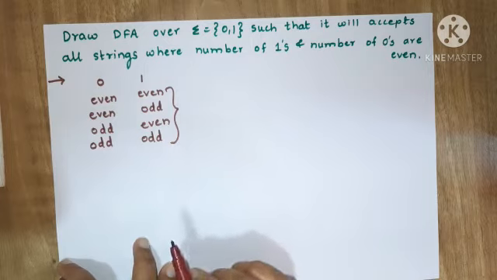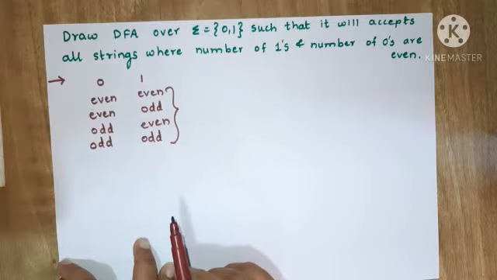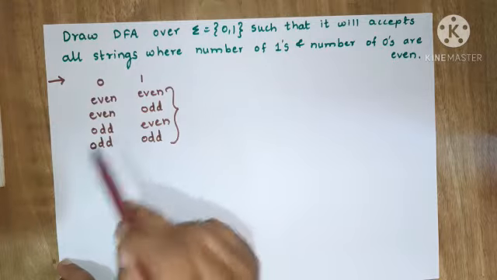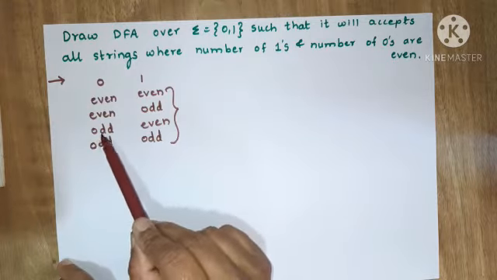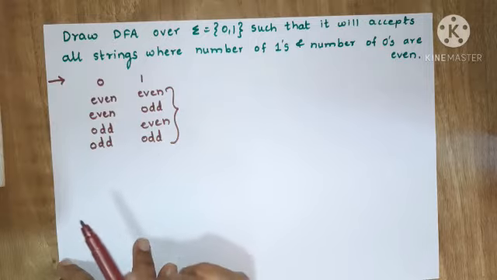So whatever the string this DFA will accept, there are these 4 possibilities. That's why we will create 4 states. One state will represent even even, another state will represent even odd, another state will represent odd even, and another state will represent odd odd.